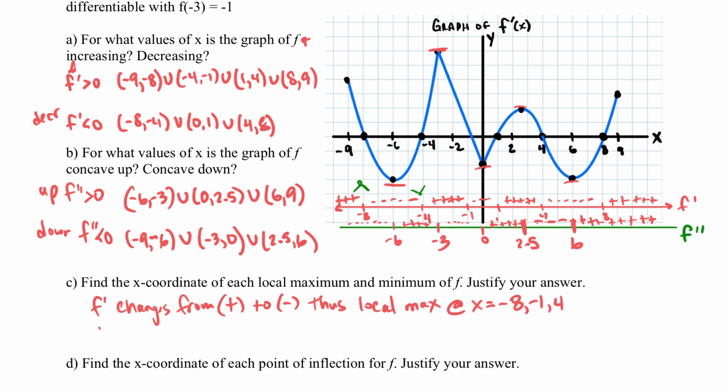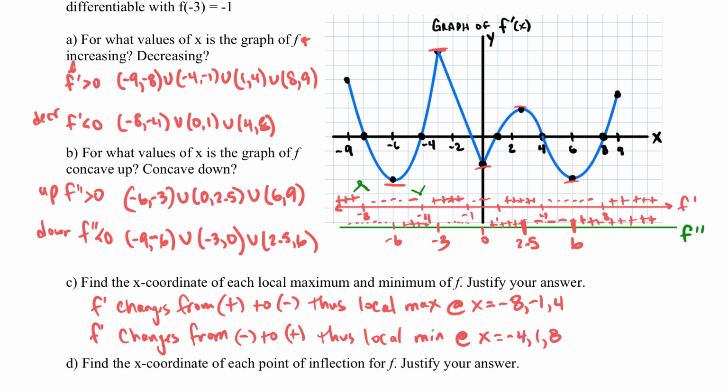And in a similar pattern, f prime changes from negative to positive, thus local minimum, and this will happen at, over here from negative to positive, we said the first one's at -4, then the next one, taking a look, happens at 1, and the next one happens at 8.